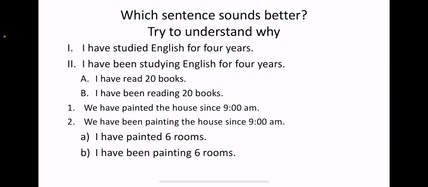We need to conjugate have with the subject. Sometimes we need to use has. And for present perfect simple, we need to use the participle form. And for present perfect continuous, we use the participle form of the verb to be, been, and then we put the verb in ing. We're going to be studying this next session.